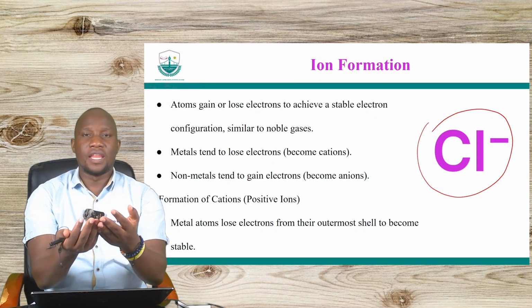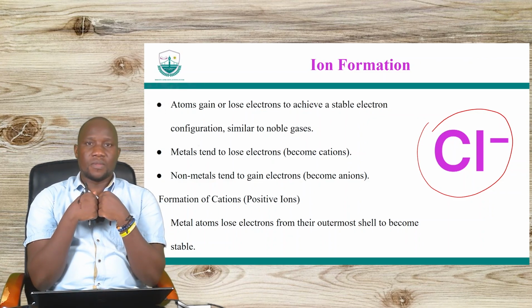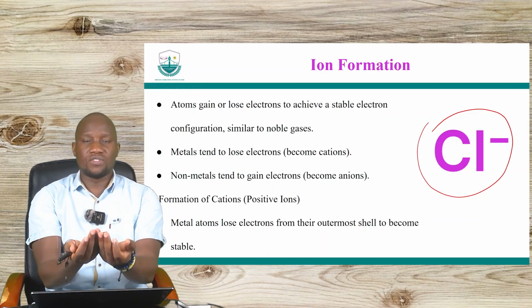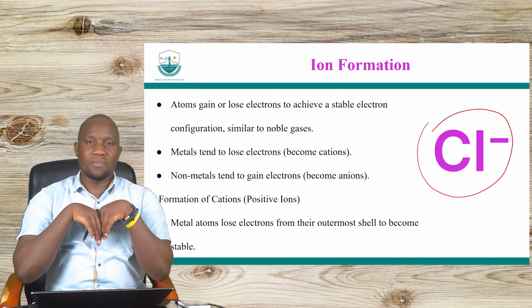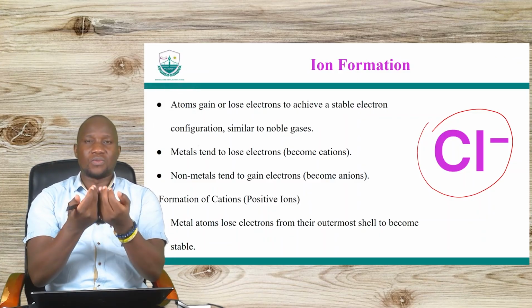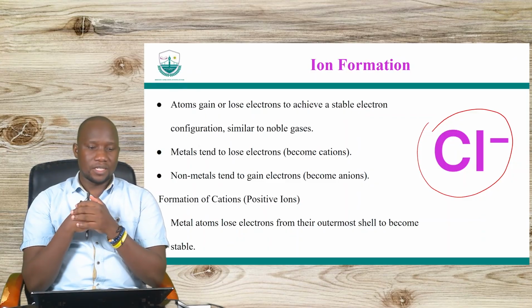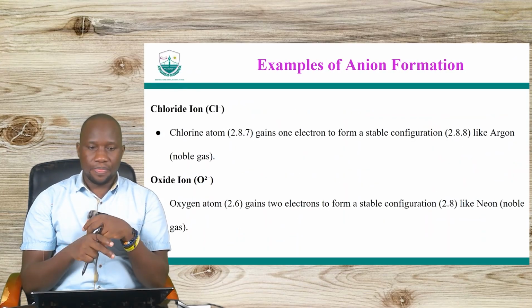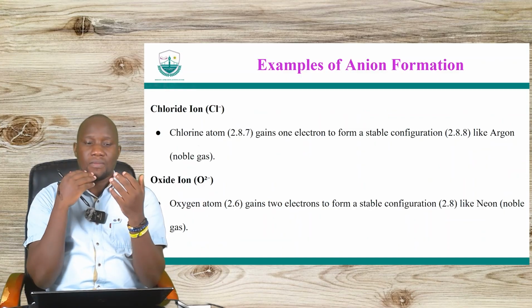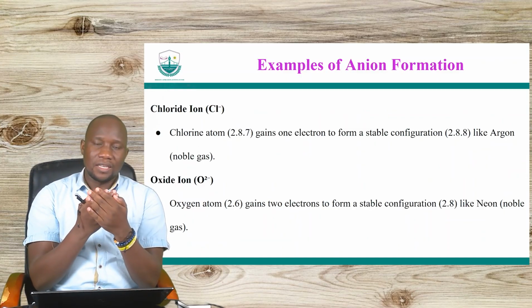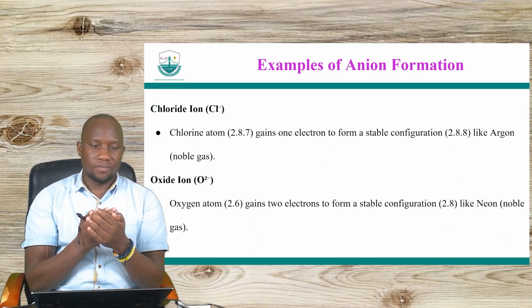Metals lose, non-metals gain. So metals have a positive charge, and the non-metals will have a negative charge. So we call them anions. For metals, we call them metal cations, right? Yes. So the losing and the gaining is about having that noble gas configuration.